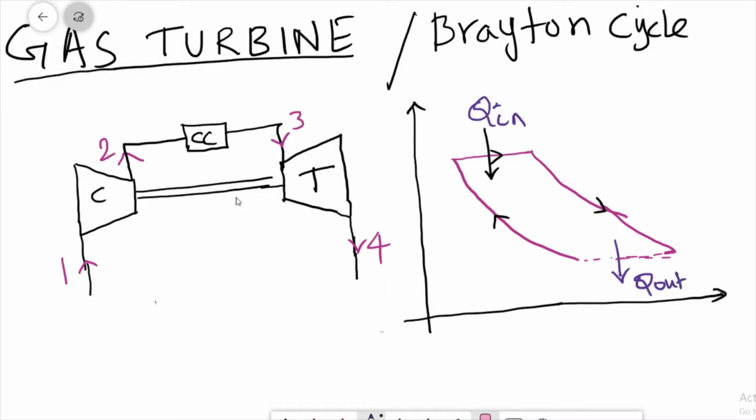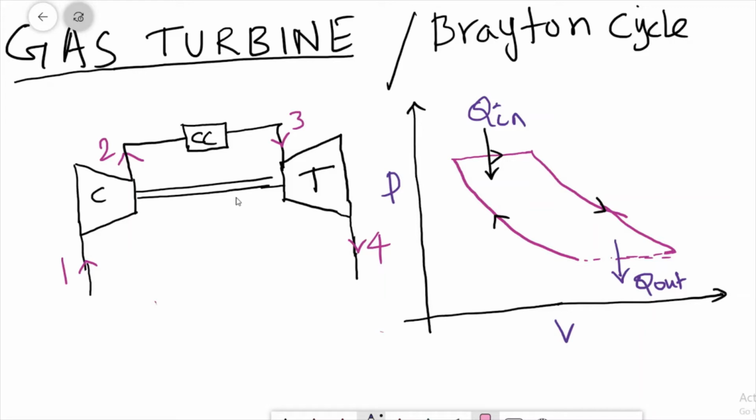So this is the Brayton cycle PV diagram, that means pressure volume diagram, and these are the four processes. We have constant pressure processes for the heat addition and heat rejection, isentropic compression for the compressor, and isentropic expansion for the turbine.